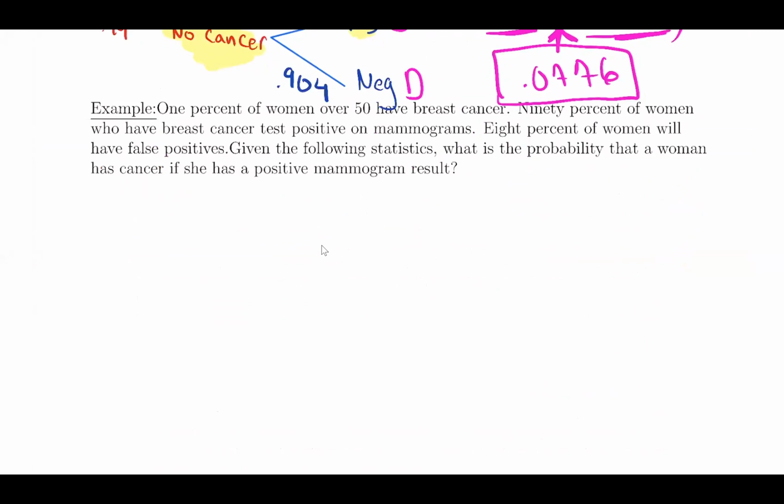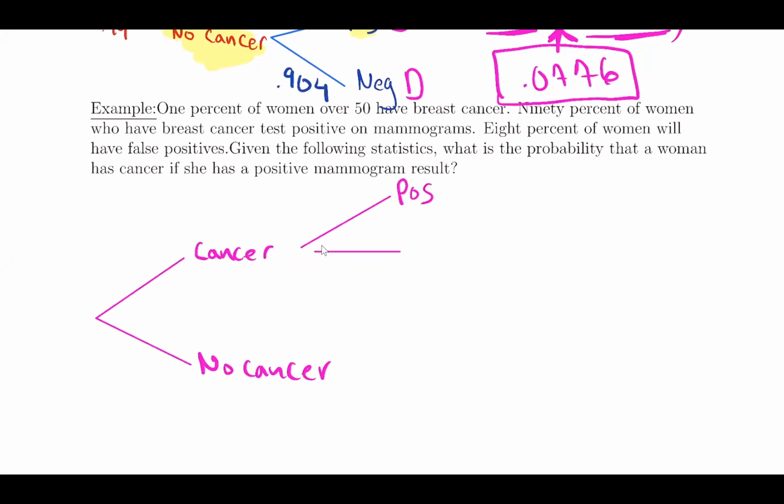So right now, I want you to set up this table. Not the table, I want you to do the tree diagram. For this one, we'll do the same thing. We'll say cancer, no cancer. You'll say they tested positive or they tested negative.